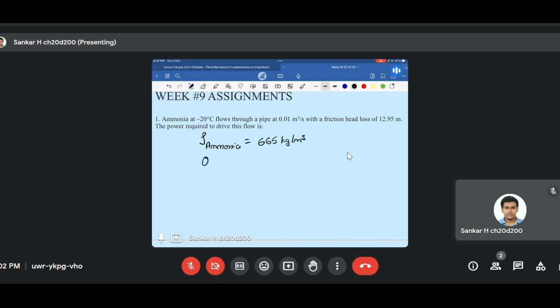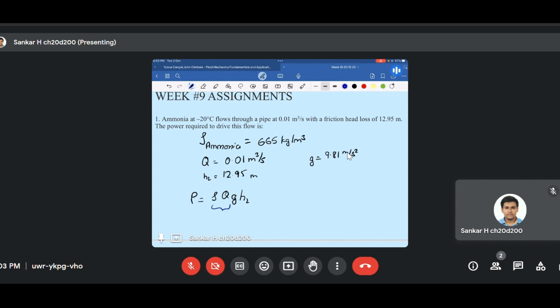And the flow rate of ammonia through the pump is 0.01 meter cube per second. The head loss is 12.95 meters, and the gravity is 9.81 meter per second square. So the power required happens to be a product of all the terms that have been given: rho Q g h_L. How this comes is as follows.